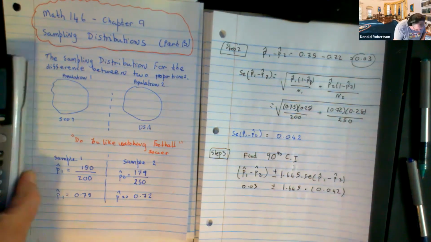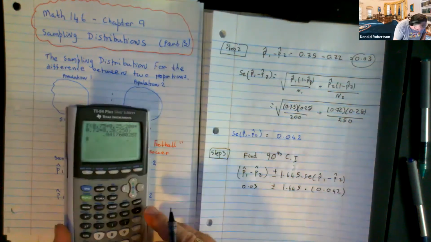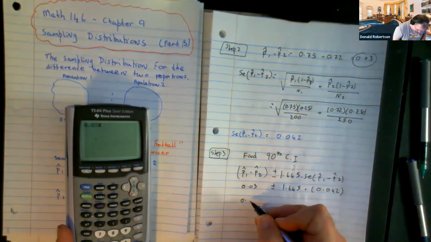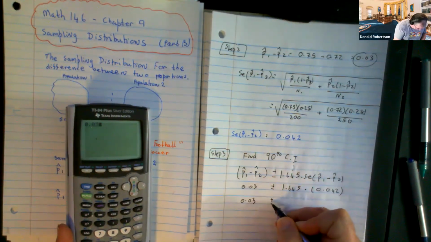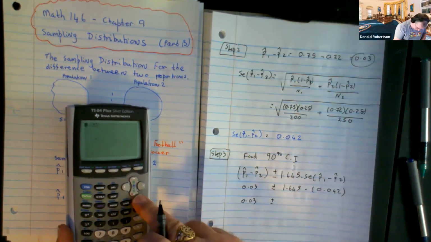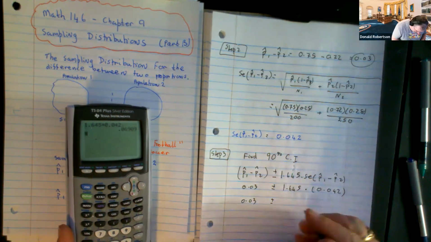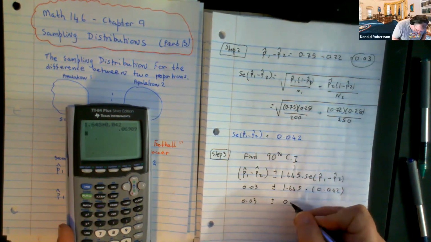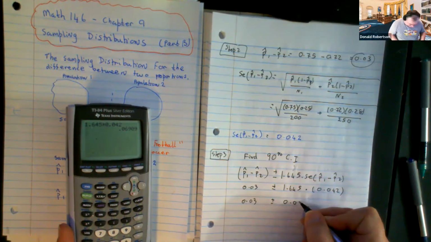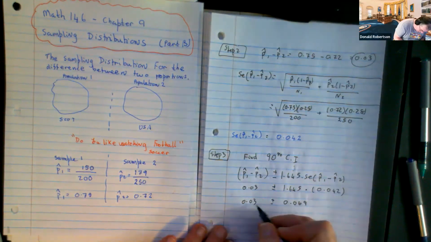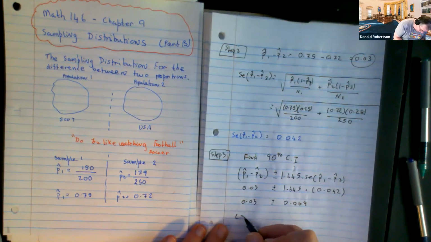Let's see what we get here. 0.03. I better actually put that down right now. Plus or minus this fella. So 1.645 times 0.042, and the answer I get is 0.069 to 3 decimal places. Now you take this number away from that and you get negative 0.03.